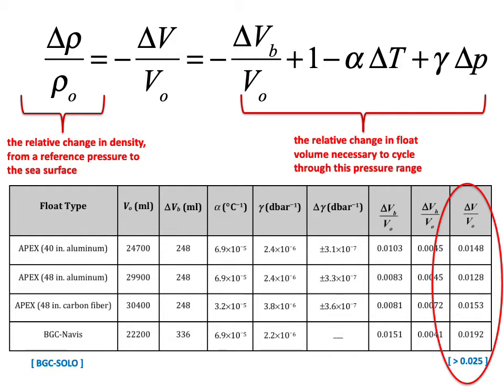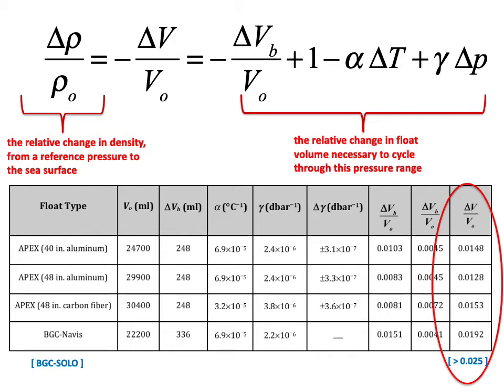Well, we can measure all these things in the lab, and that's been done here in this table over, and the important parameter here is over on the right-hand side. And you can see different kinds of floats here have different values of delta V over V, and that really determines how deep can we get with these things.